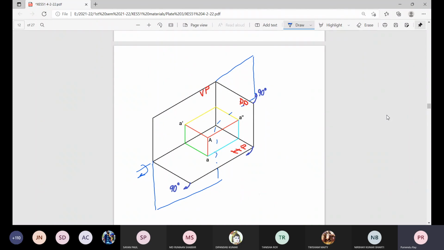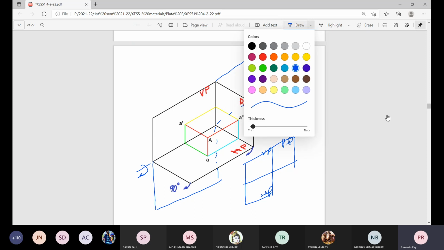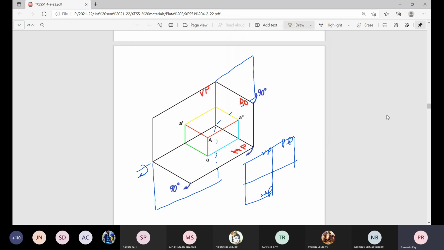So ultimately what we get is VP, HP, and this is the pictorial plane. And the points capital A projected on these three planes are indicated so that this location is the front view, this is the top view or view from above, and this is the left hand side view, A double dash.